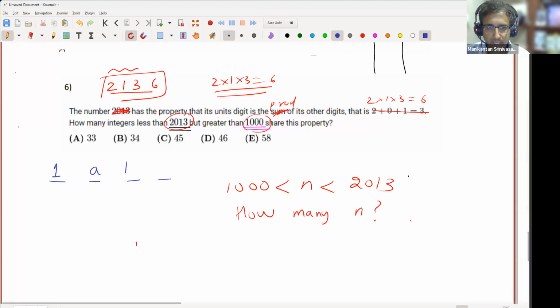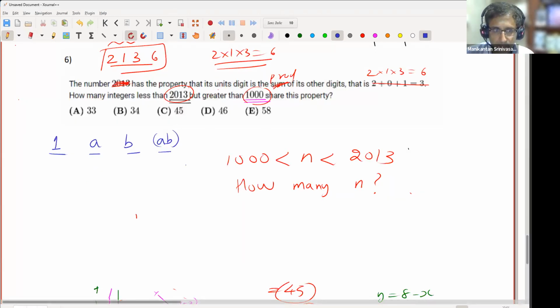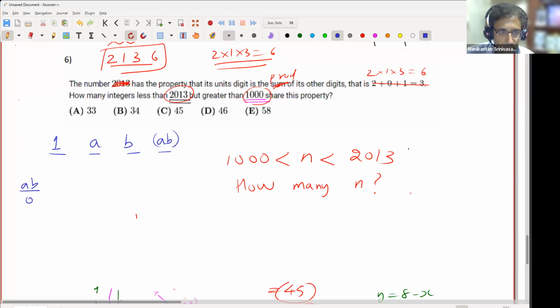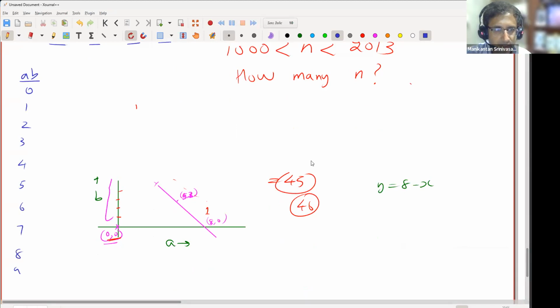So again, same thing, A, B, and the product is AB, right? This is the digit. So AB can be, yes, 0 is an important number, we cannot miss. In fact, I'll write out the product AB. AB can be 0 or 1 or 2 or 3 and so on, right? In fact, let's do everything manually, it's much easier that way.